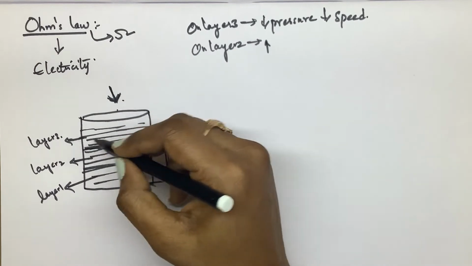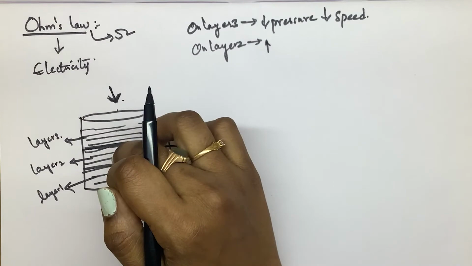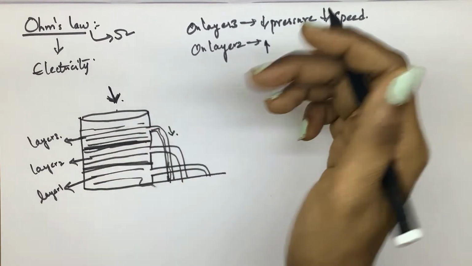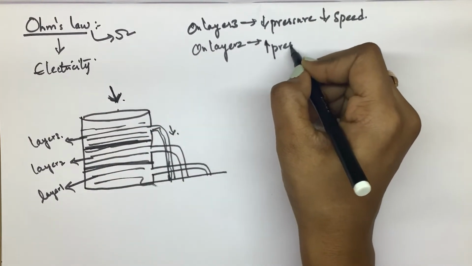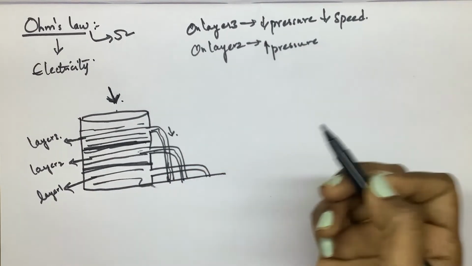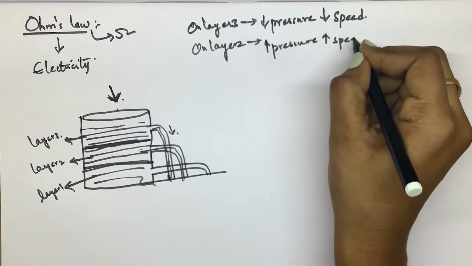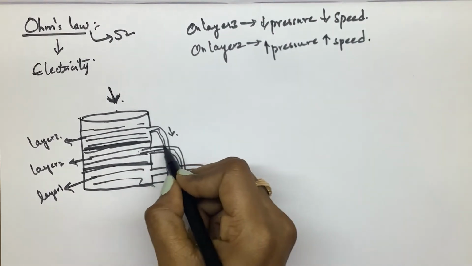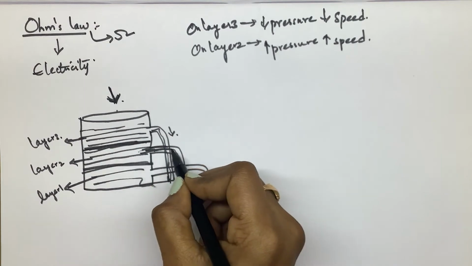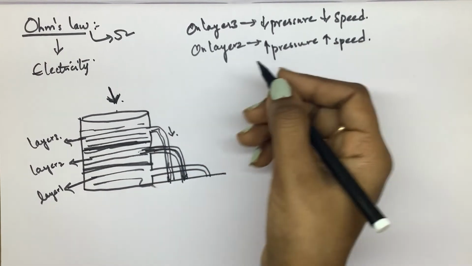So the pressure formed on layer 2 was increased. Then the flow of water from layer 2 increased, and the speed of layer 2 water also increased. With some amount of speed, the water was pouring out.